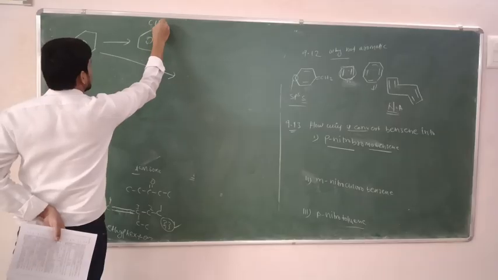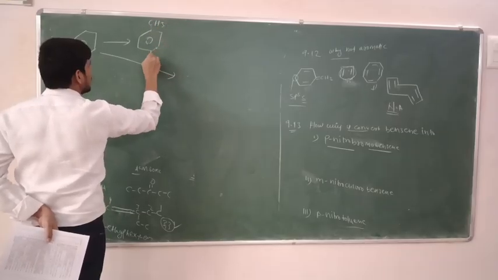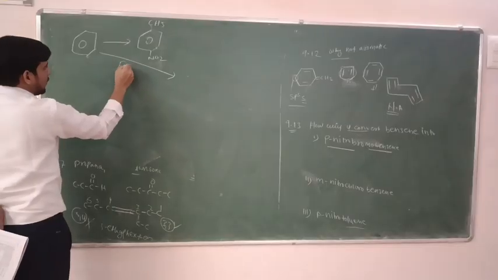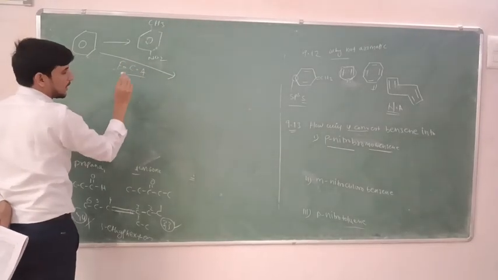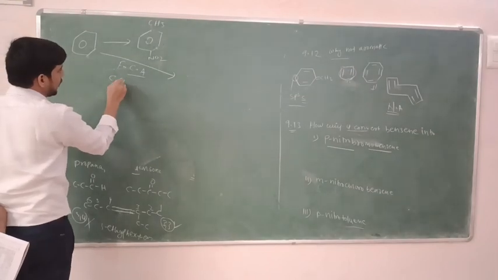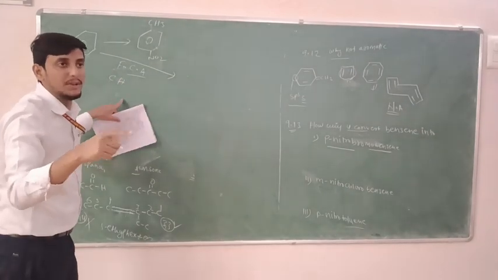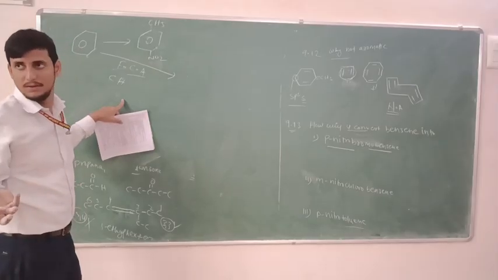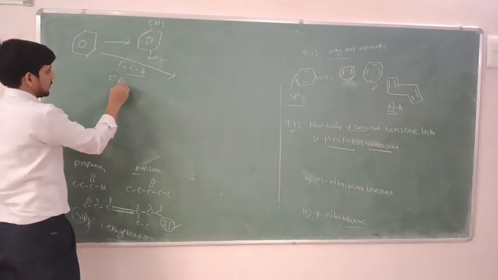Now, first Friedel-Crafts alkylation, right? Friedel-Crafts alkylation. The reagent name is first toluene form. So you have to take the methyl. Here is a methyl carbocation, CH3 positive charge.